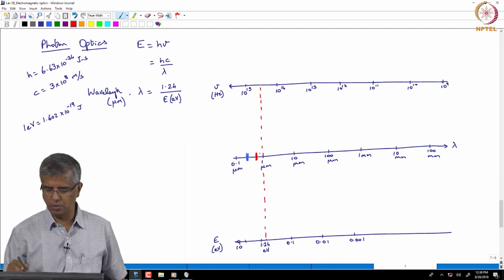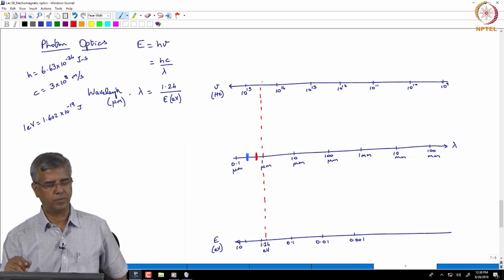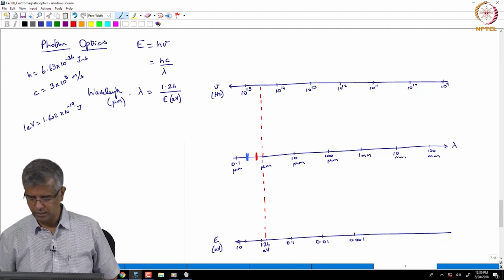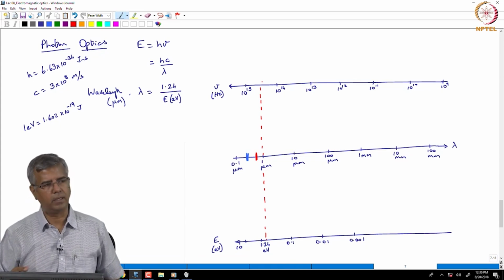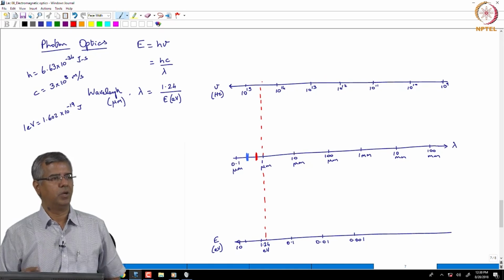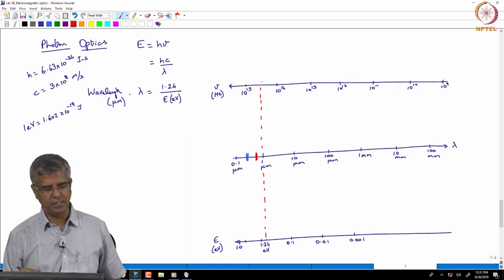Okay. So, the visible region happens over here, and in the visible region the corresponding frequency is in the order of 10 power 15 hertz or hundreds of terahertz, and as we go to the ultraviolet region, you have higher and higher energy, lower wavelength, but higher energy.